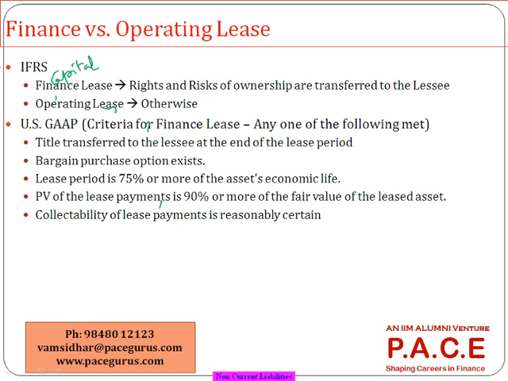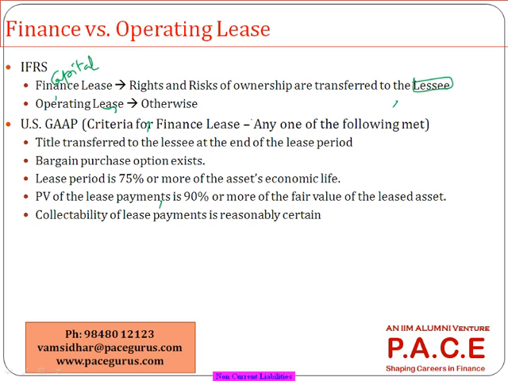Otherwise, we call it an operating lease. In an operating lease, it's only a rental payment. That's it. All the risks, right, everything exists with the current owner itself. That is one aspect. As per IFRS, the definition is as simple as that: when the rights of title and ownership are transferred to the lessee. Lessee is the person who has taken the lease.